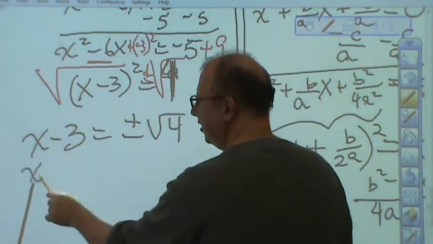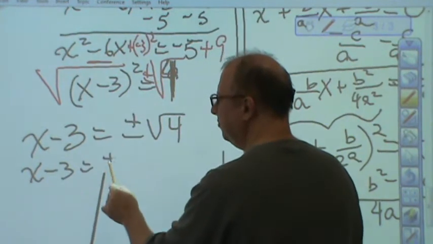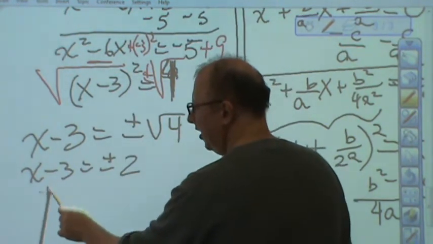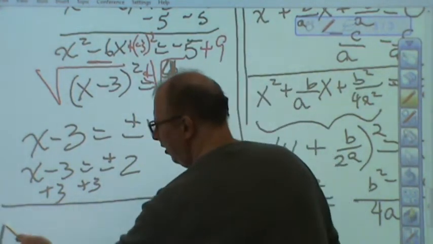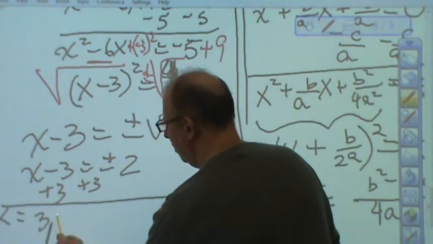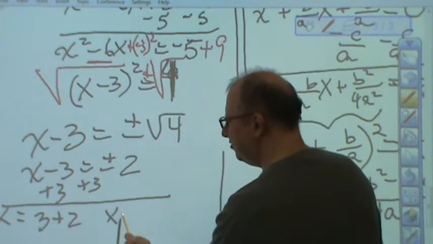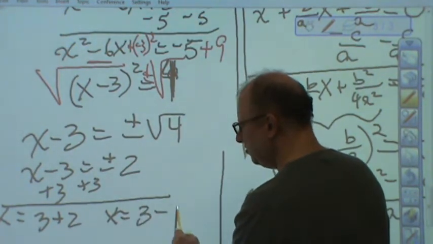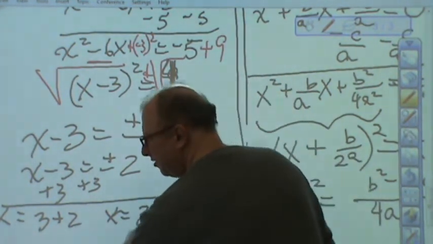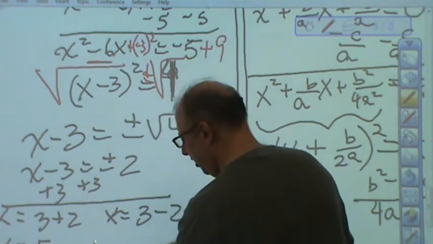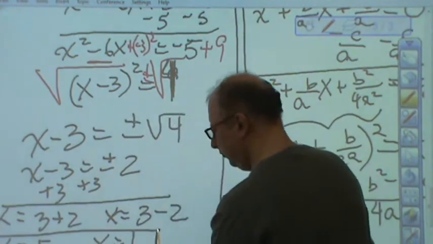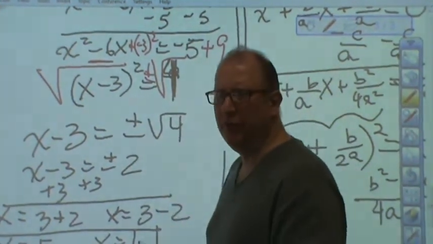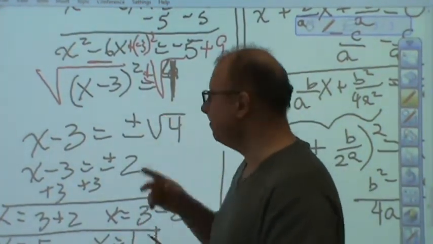Of course, x minus 3 is equal to plus or minus 2. If I add 3 to both sides of the equation, x is equal to 3 plus 2, and x is equal to 3 minus 2. So x is equal to 5, and x is equal to 1. Isn't that what we had before when we did the factoring piece?